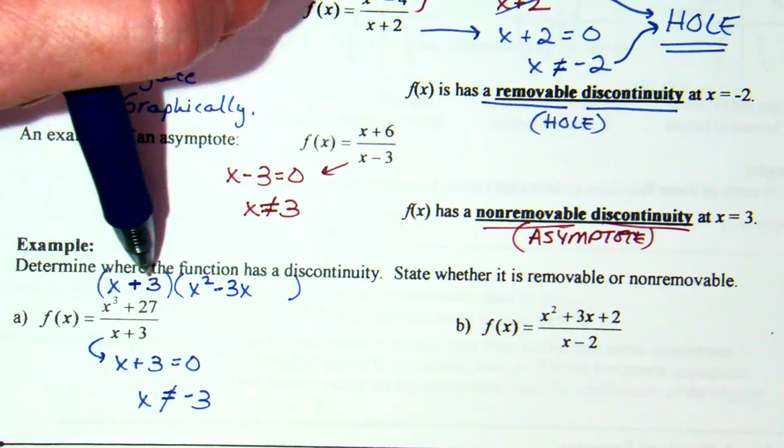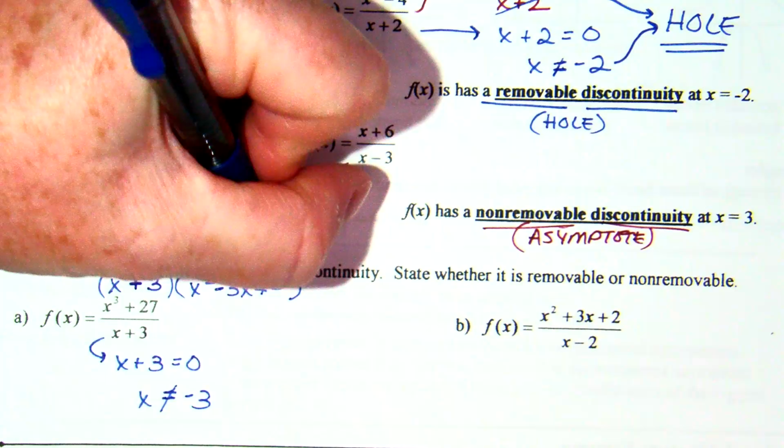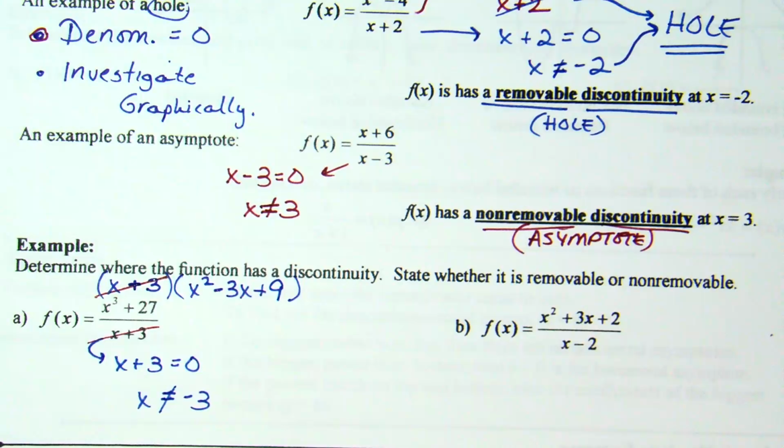So minus 3x. And then the last one is adding the other cube root and square it. So 3 squared is 9. So add 9. Now, that benefited me because what just happened?